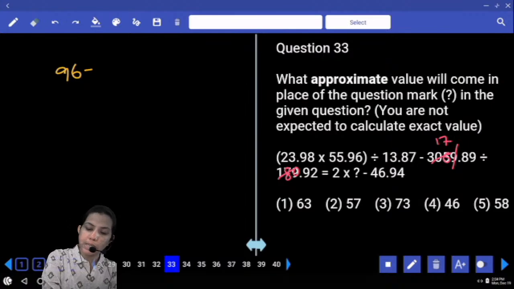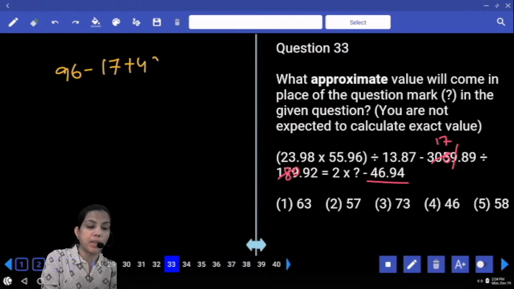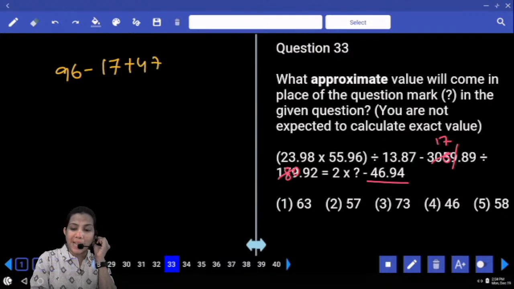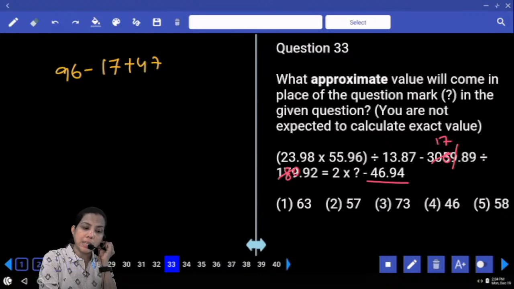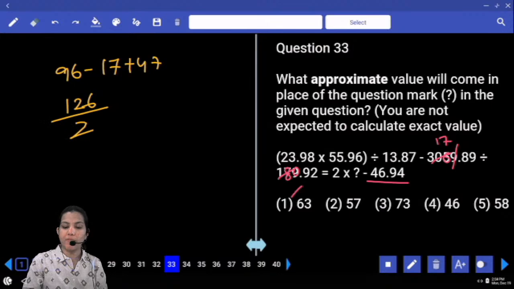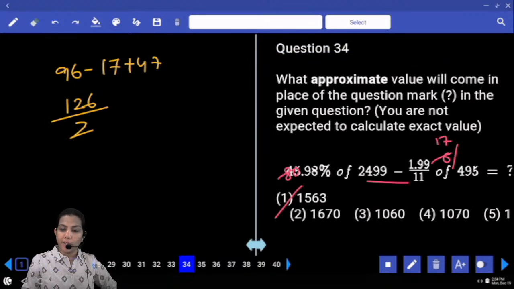So it is 96 minus 17 and minus 47 on the right hand side, it is plus 47. What is 96 plus 30? 126, by 2, 63. First option.